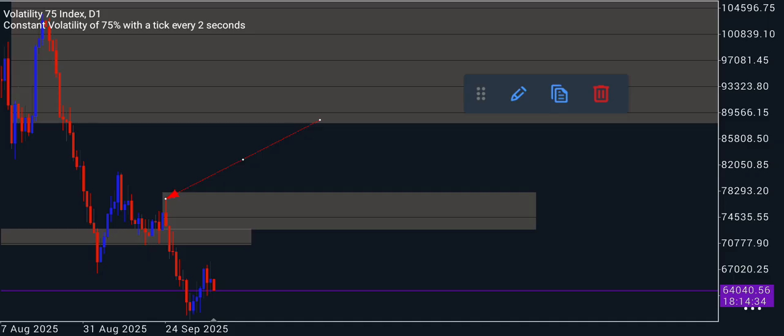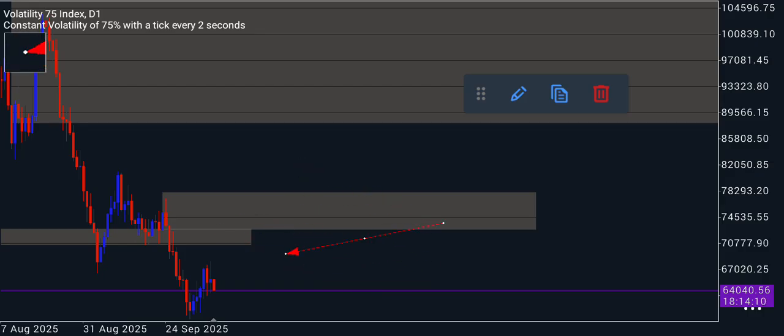So this is our first point, that if the market gets to this point, we'll likely look for some selling opportunities to enter the market for a sell.